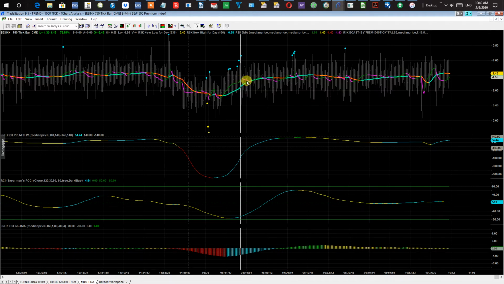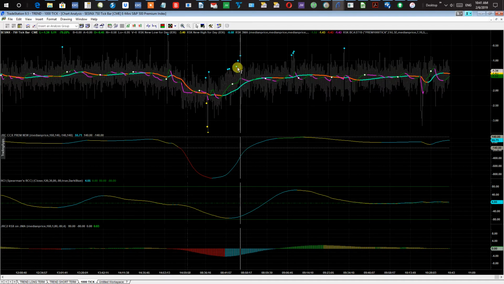That's when we caught that secondary drop in the SPX. It was right in there. Right, I'm just using the horizontal line so you can see approximately where we're talking about on each chart.